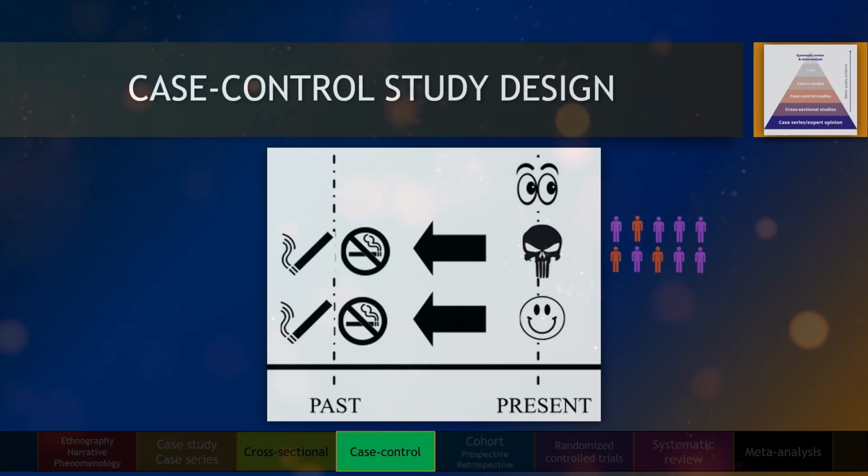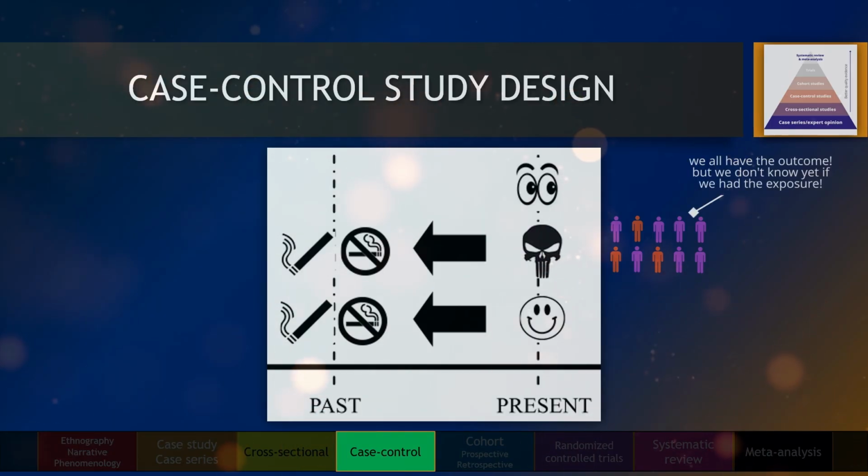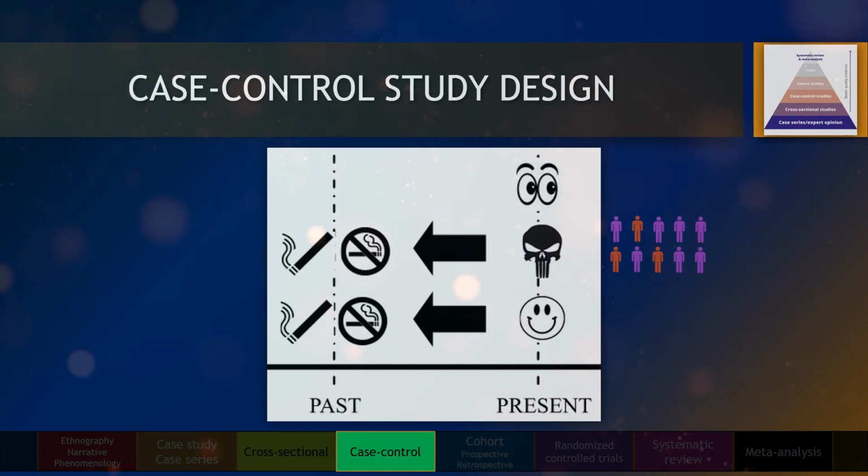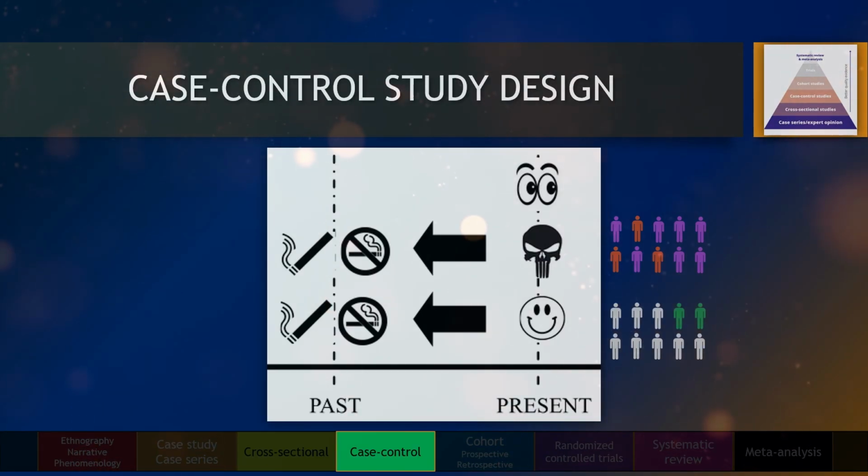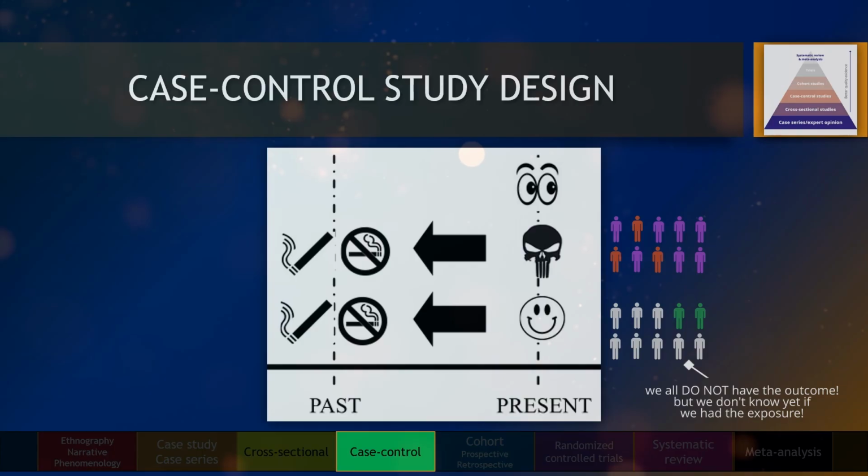Remember that both the orange and purple icons represent those with diabetes, but at this point, we don't know yet if these people had the exposure of doing exercise in the past. We then select 10 persons from the rest of the population without diabetes, the white and the green ones, and then assign them as controls. Again, at this point, we don't know who among this group have had the exposure in the past.